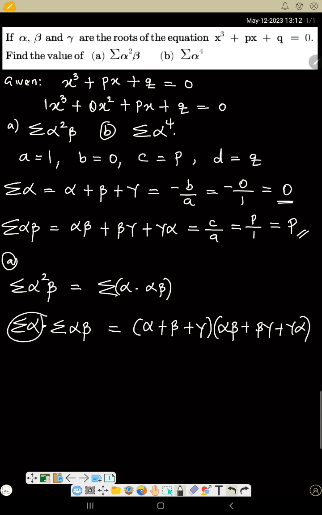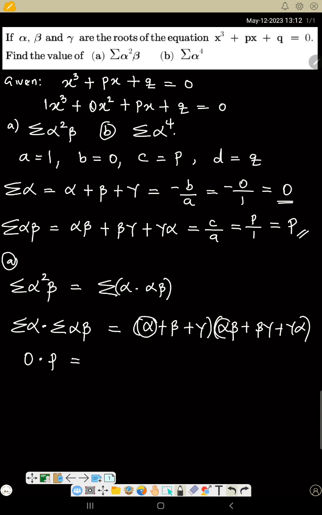So what is summation alpha? We have it as 0 here, so this is 0 times p. Now expand this.